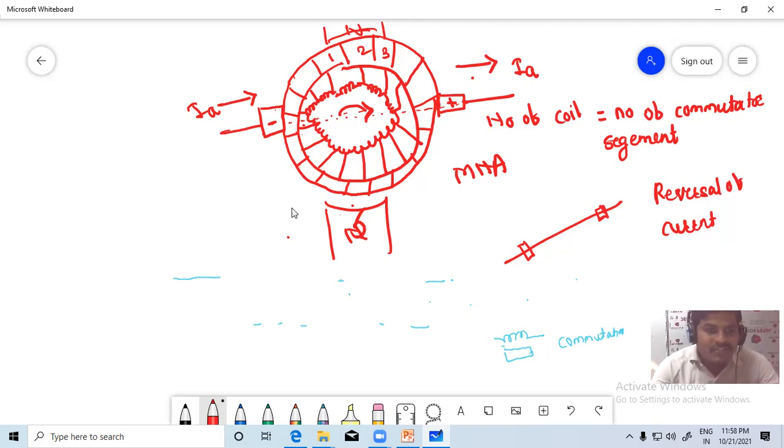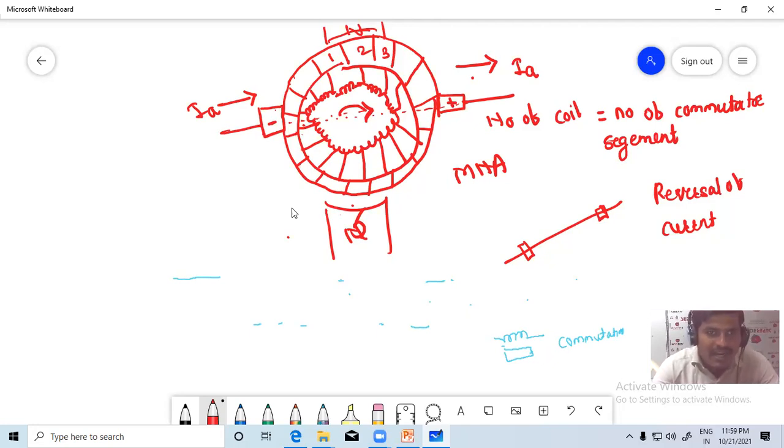This slip ring is attached to the commutator segment, and for a particular time period, each and every coil gets short circuited. काही particular time साठी ती coil short circuit होते, at that situation we can say the coil is undergoing commutation. म्हणजे जी coil short circuit झालेली, we can say this coil is undergoing commutation. ती commutation मध्ये आहे सध्या, and when this coil completes its commutation process, up to that period it is called the commutation period.